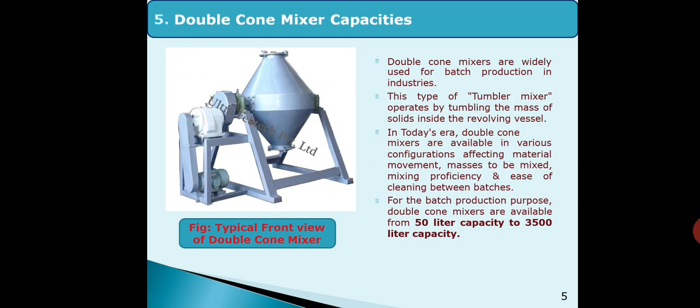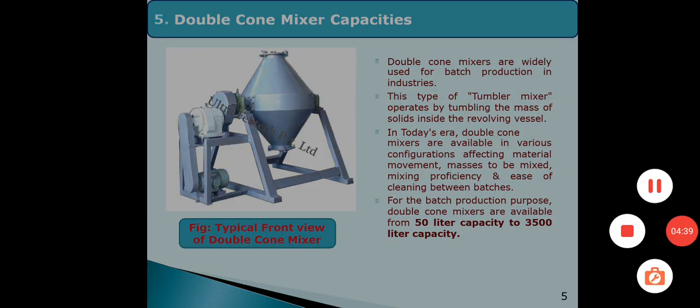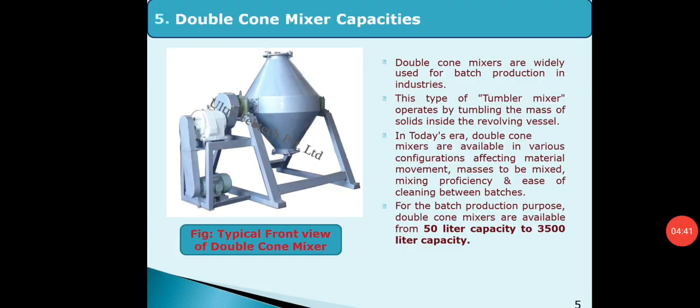So when we start operating this equipment, the motor rotates, and by the rotation of this motor, the blender is rotated. It can be fully automated, or the speed and the time of operation can be easily adjusted or set on the machine.